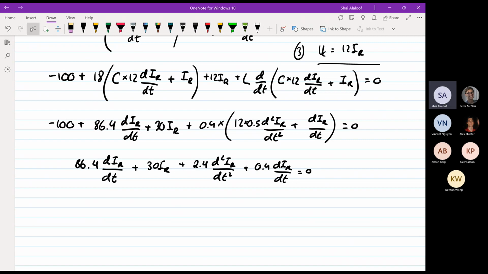I'm going to collect like terms and then divide by 2.4. So d squared IR on dt squared plus 30 divided by 2.4 is 12.5, 12.5 IR plus 86.4 plus 0.4, and then that divided by 2.4 gives me about 36.2, I would say. I'll say 36.2.